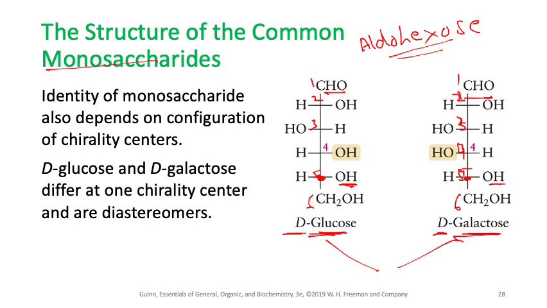But if you see both structures, they are almost similar, but the only difference is on carbon number 4. What's the difference? In carbon number 4, the OH is placed on the right hand side in glucose, but in galactose that OH is placed on the left hand side. That's the only difference in the structure between glucose and galactose, right? So if you remember the structure of glucose, you already remember the structure of galactose.